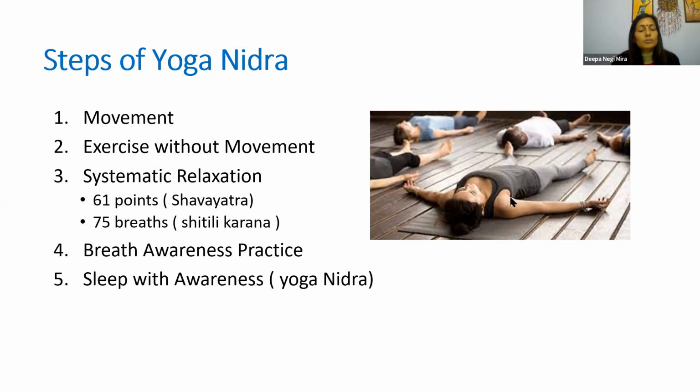So in these 61 points, we are talking about the main marma points where we can focus with our mind and relax through those energy points. When we focus on those points, we have the possibility to release and gain energy from those marma points. That is why we are using 61 points here.